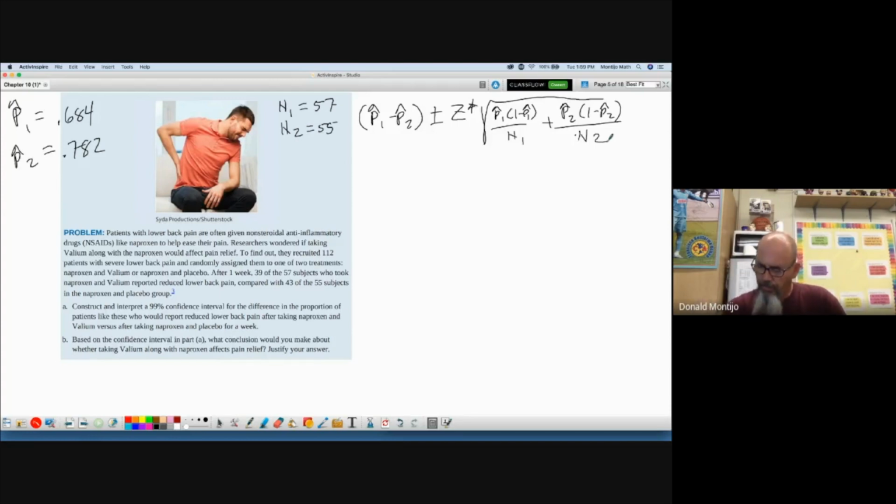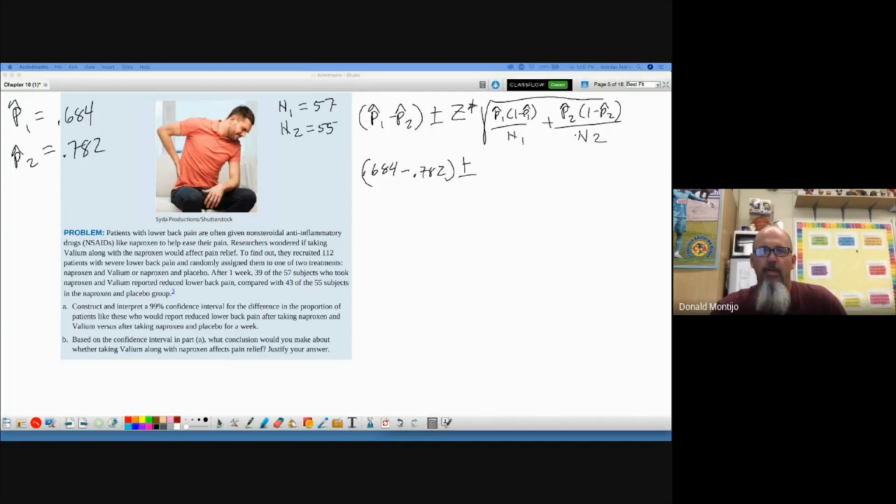So what is p hat 1? 0.684 minus 0.782, plus or minus, where did we get the z star from? So remember table B. We would look at the z star in table B. Now that table is going to be given to you, something that you can refer back to at all times.